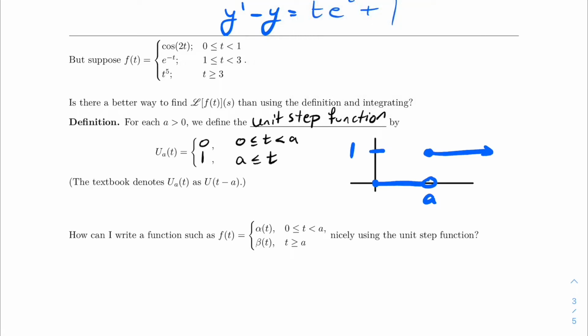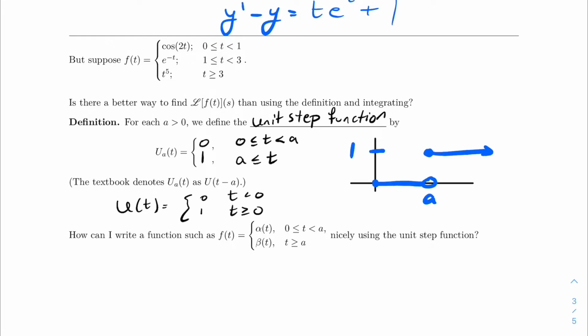By the way, the textbook denotes this as u of t minus a, so they have u of t equal to 0 or 1, where this is when t is less than or equal to 0, and this is when t is greater than or equal to 0.